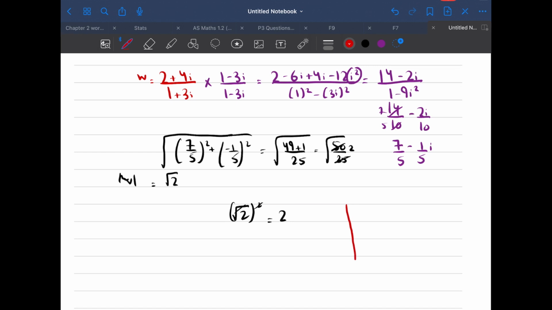So it's what बच्चे आपका 7 upon 5 and minus 1 upon 5. That means 1.4 and 0.2. It's going to lie here. So it's going to be बच्चे आपका tan inverse 1 upon 5 divided by 7 upon 5. 5 cancel out. Now, what's tan inverse 1 upon 7? Let's check that.